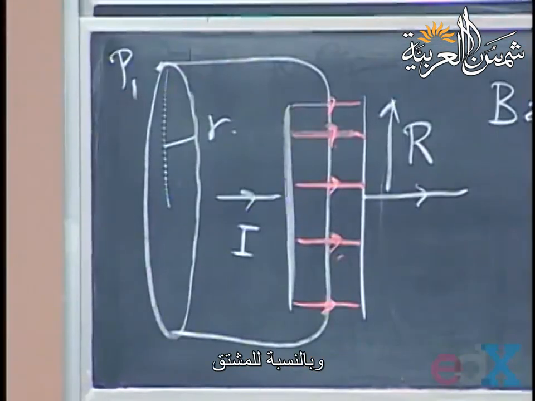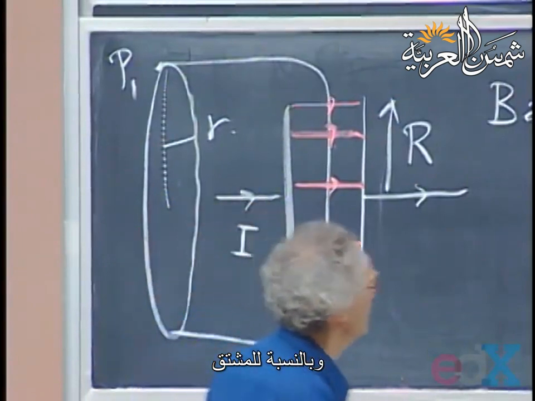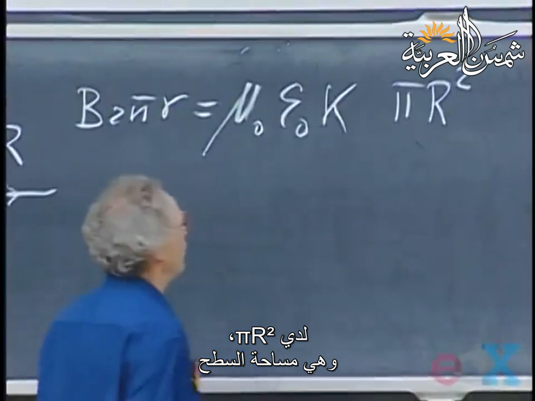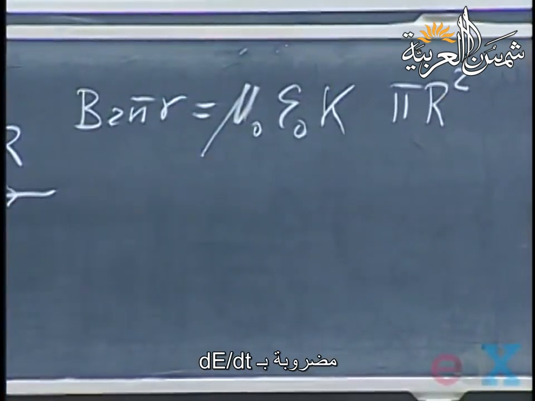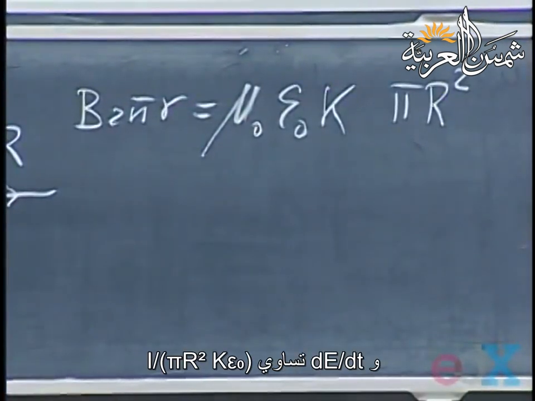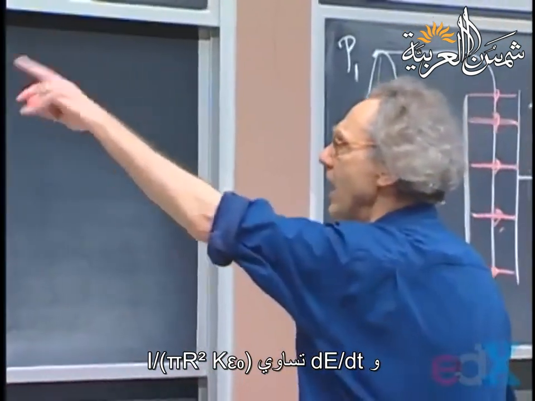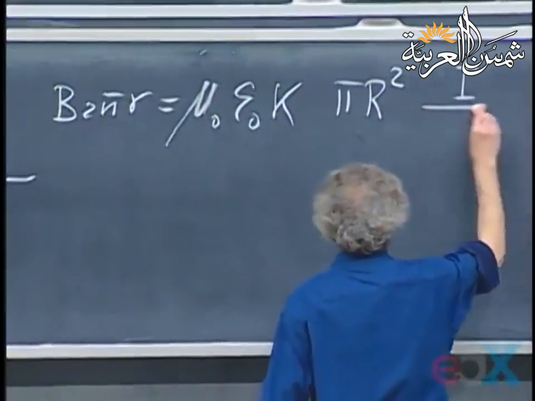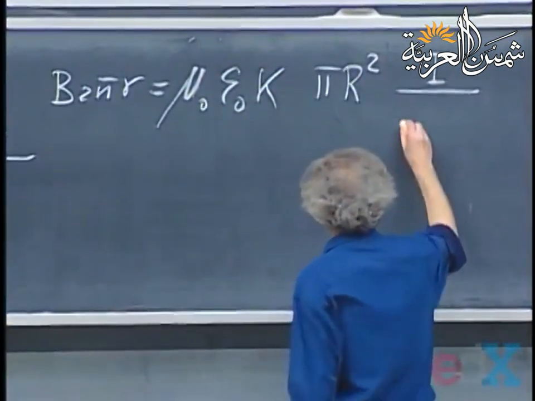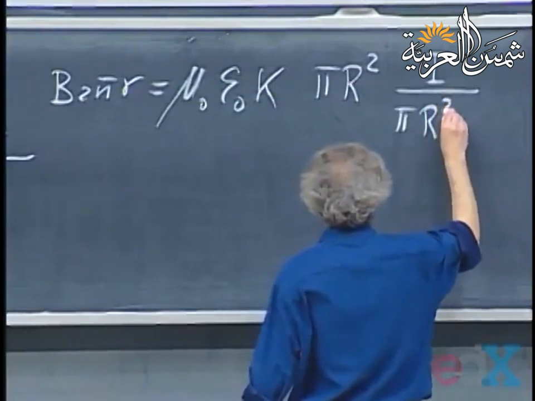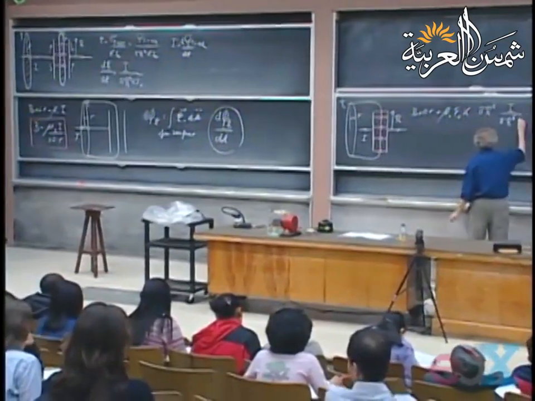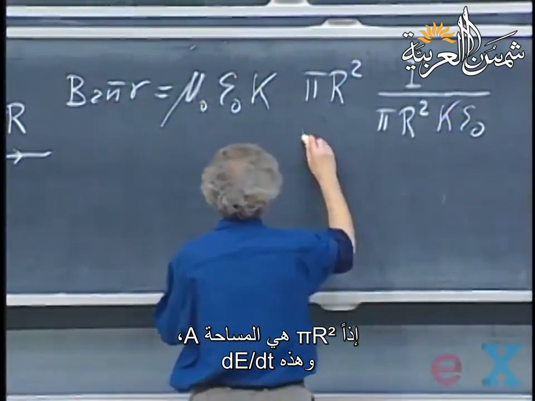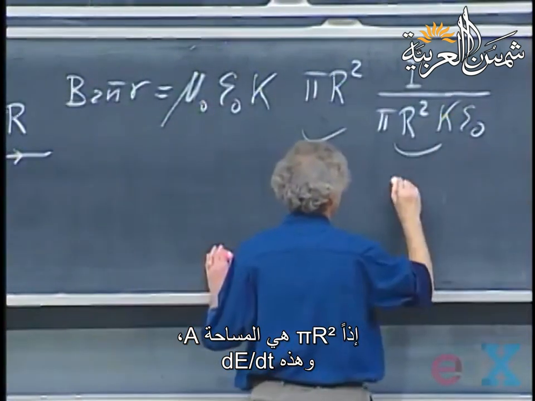And therefore, if I want to know what the derivative is, then I get this pi R squared, which is that surface area, and now I need dE/dt. And the dE/dt we have, that is I divided by pi R squared kappa epsilon 0.